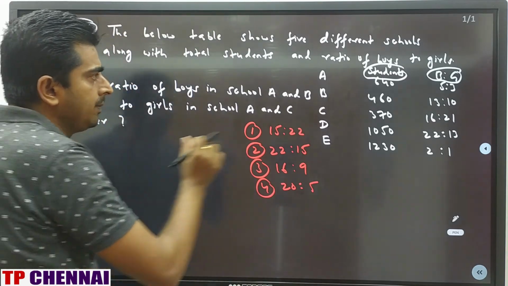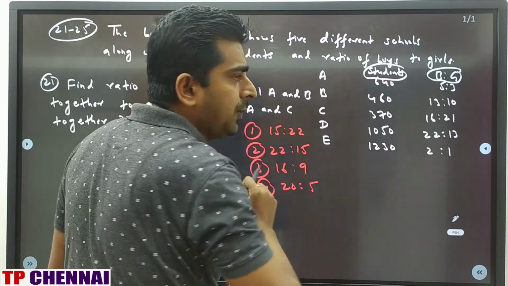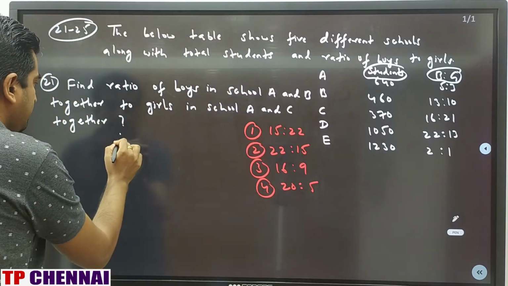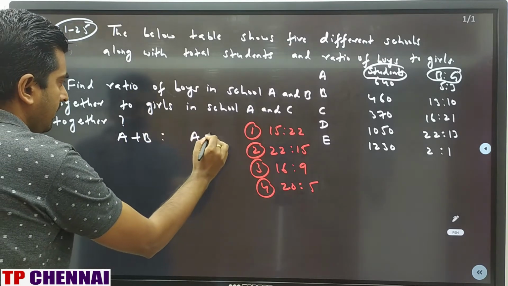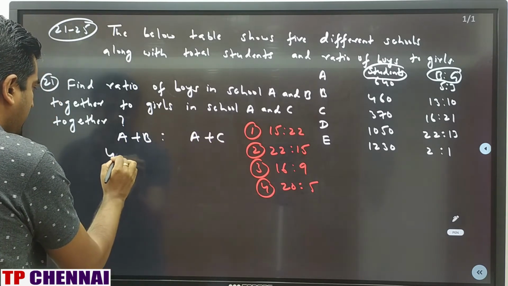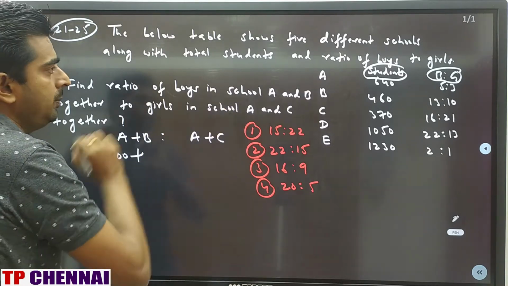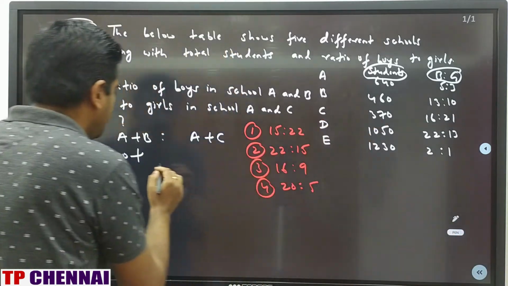School A, total part is 8, 5:3. 8 part is 640, 1 part is 80, so 5 part is 400. Boys is 400 in school A. Now school B. So 23 part is 460, 1 part is 20, 13 part is 260.